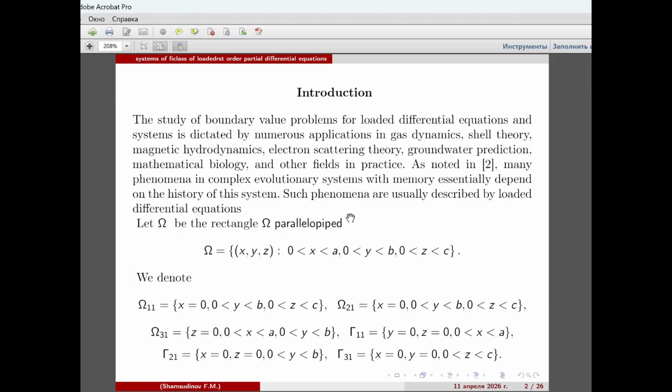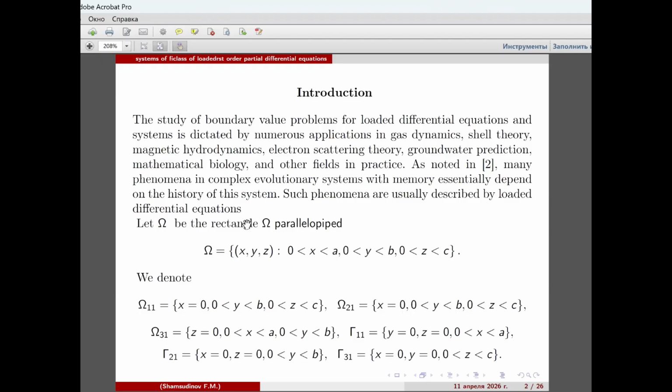It is known that many phenomena in complex evolutionary systems with memory consequently depend on the history of the system. Such phenomena are usually described by loaded differential equations.